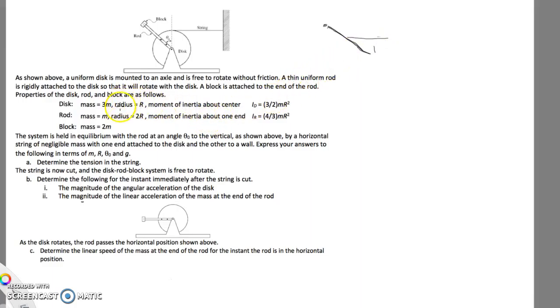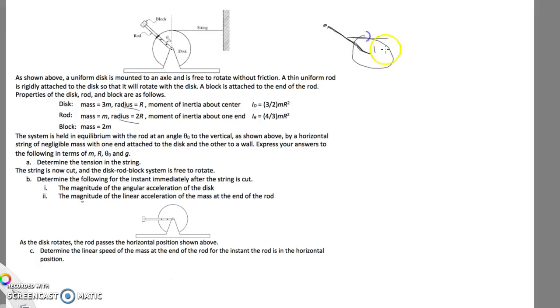Let's see, the disc has radius r, and the rod has radius 2r. So that means that this distance right here is half the distance of the rod. So this string is pulling at this disc, which is supporting this rod, which has this block attached to it. So we have this weird system in equilibrium.